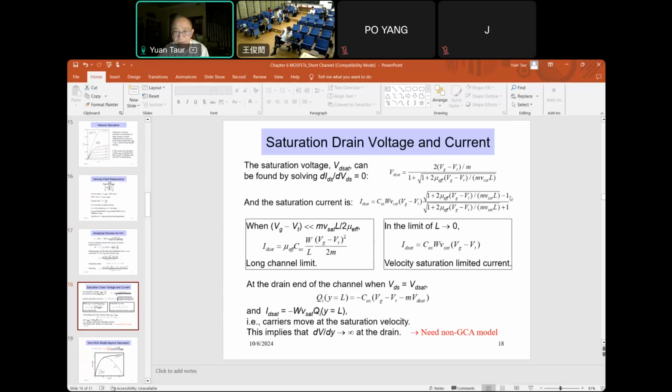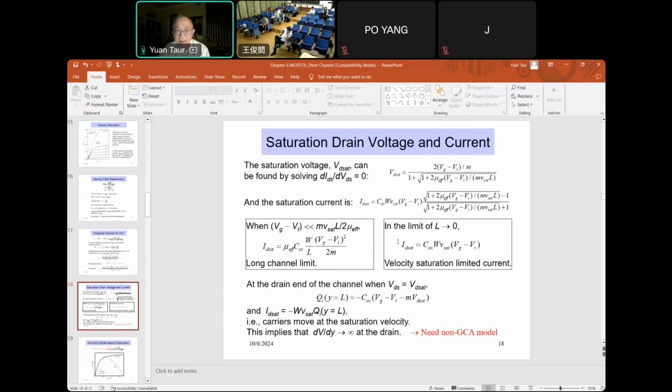So the zeroth order term will cancel. You have the first order term left. But in any case, it recovers the long channel saturation current, mu C_ox W over L, (V_g minus V_t) squared over 2m. So this is the long channel case that we are familiar with.